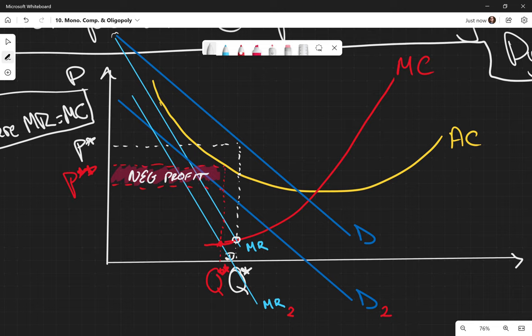And so just like when there's a positive economic profit, it's incentivizing firms to enter the industry and lower the demand curve, if there is negative profit, that's incentivizing firms to exit the industry and increase the demand curve.